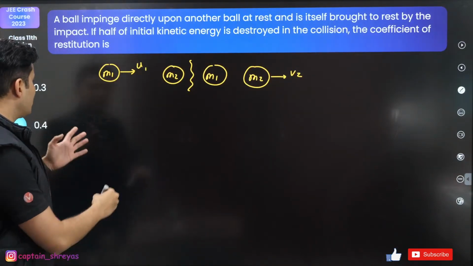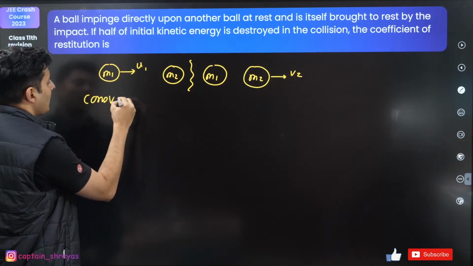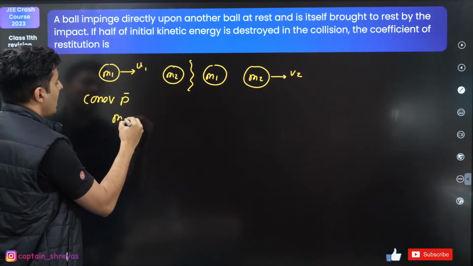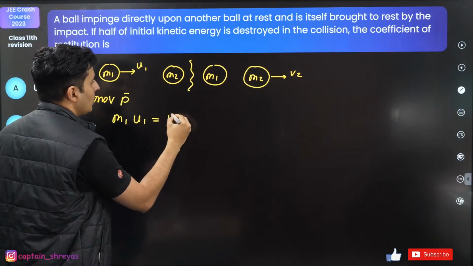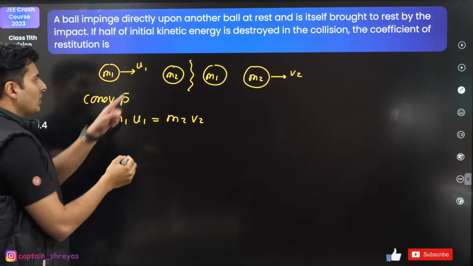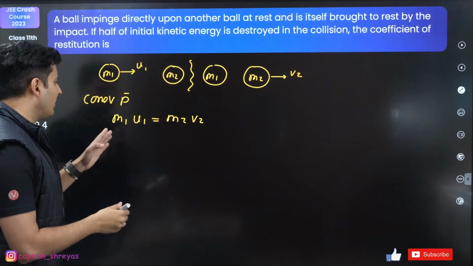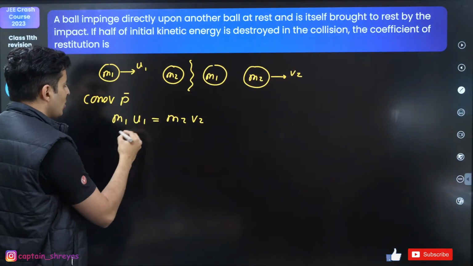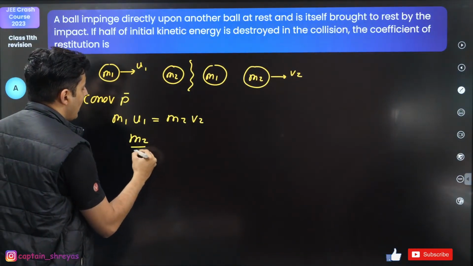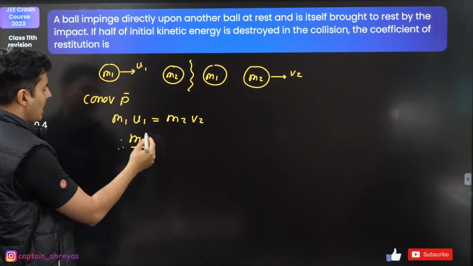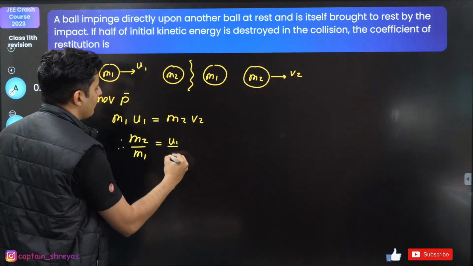As per the given condition, conserving momentum, what do I get? M1 U1 is equal to M2 V2, because this one is at rest. So you can also say M2 by M1 is also equal to U1 by V2.